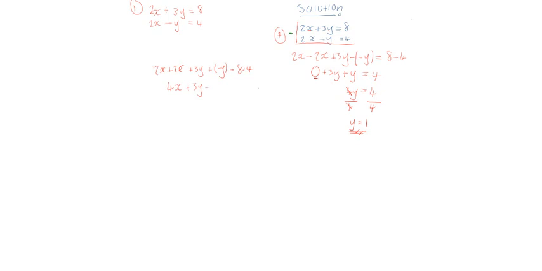Then I'm going to drop my variable. Then I'm going to say, what is 8 plus 4? 8 plus 4 will give us 12. So here we have 4x. What is 3y minus y? Yes, it's 2y is equal to 12.